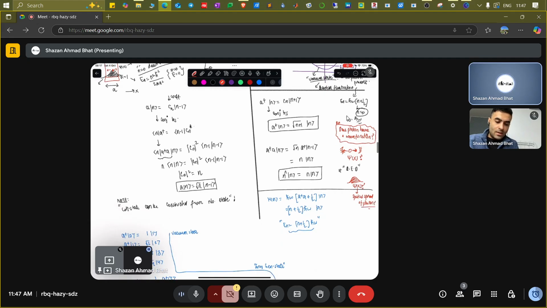So the answer is here actually. If you remember what we solve for, we don't solve for psi, we basically solve for the electric field. You remember, everything we solve for fields, not for the wave functions, right?